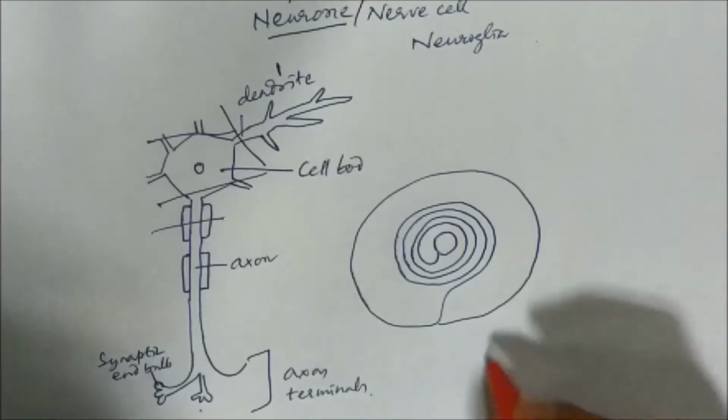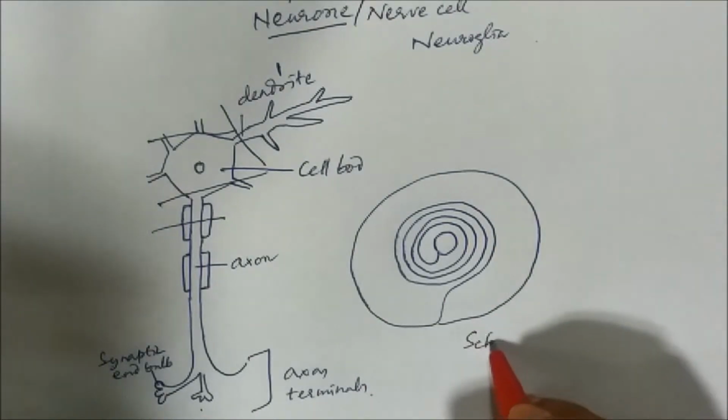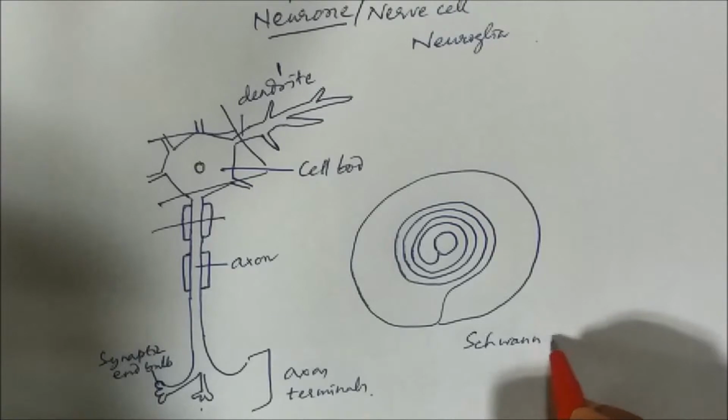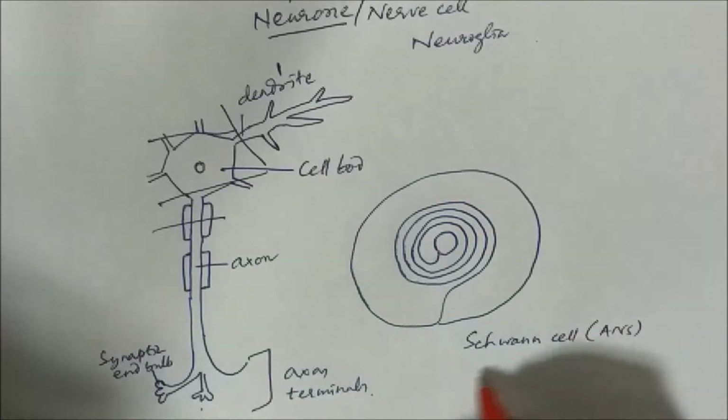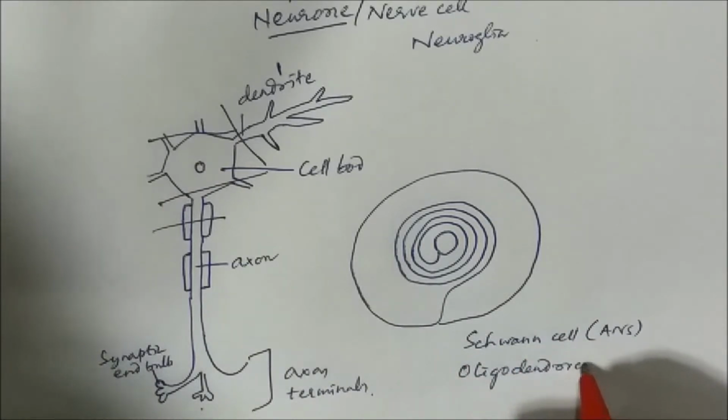This is the supporting cell. It can be a Schwann cell in the PNS, and this can be an oligodendrocyte in the CNS.